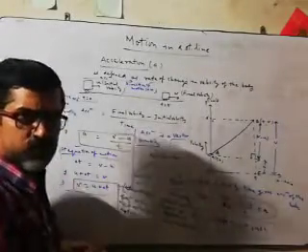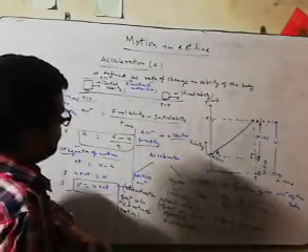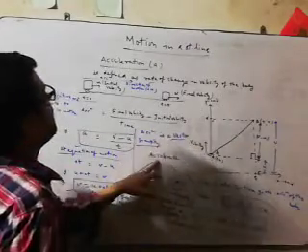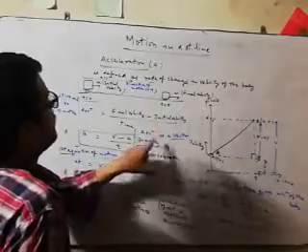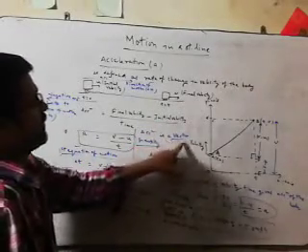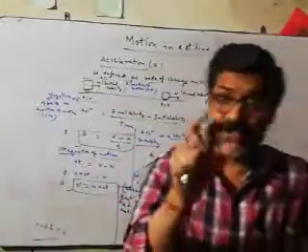You should always keep these two differences in mind whenever you are solving numericals, because acceleration is a vector quantity. That is very important. Vector quantity means it has direction. So acceleration is a very important physical quantity.